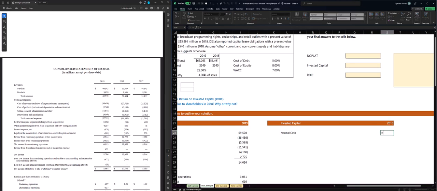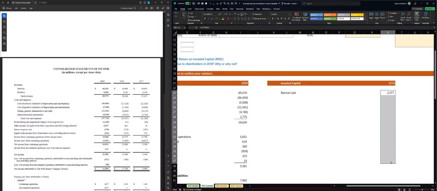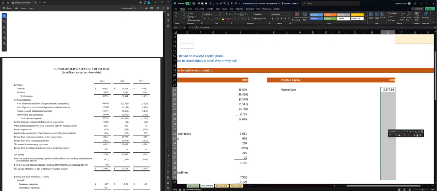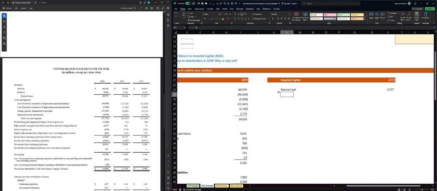So let's just say 4% times total revenues for 2018, which is 59,434. Multiply that, then you get the number. I'll make sure these all have that format.